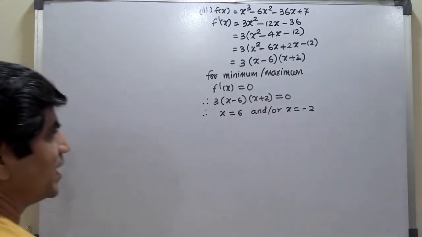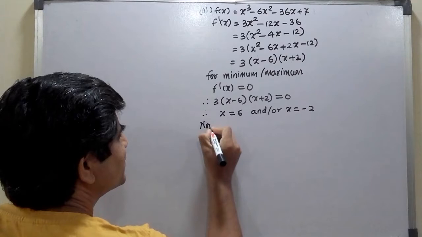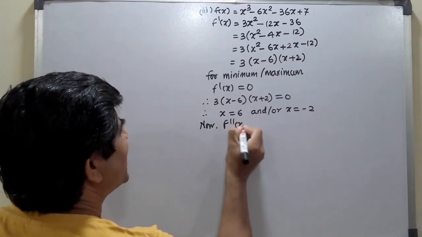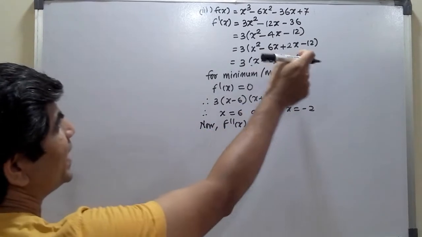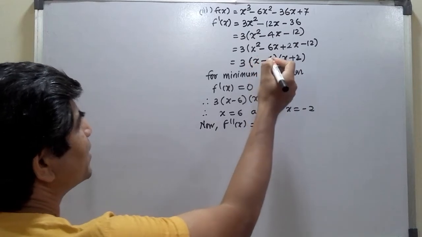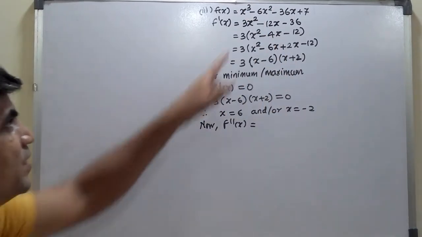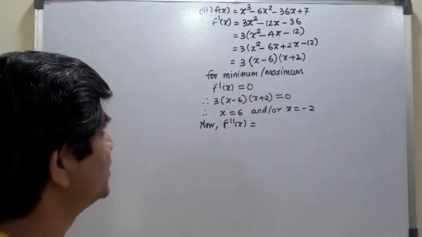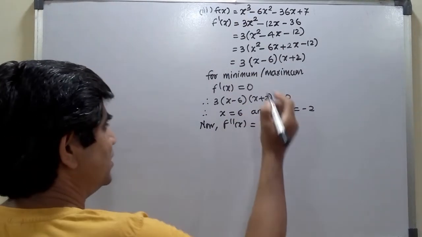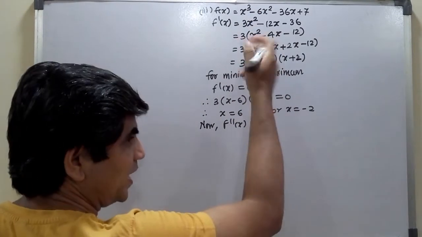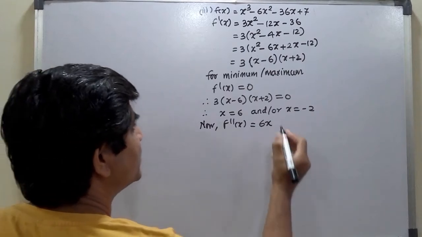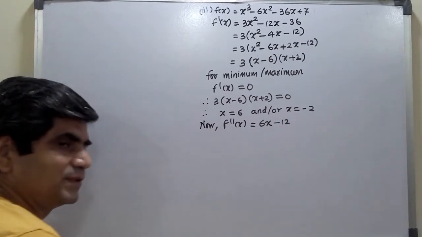What it says here is, now your f double dash x. So no, don't take this one. Go to the first one: 3x square minus 12x minus 36. So it is 6x, 3x square, x square is 2x into 3, minus 12. Right?